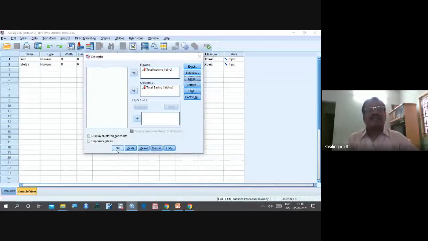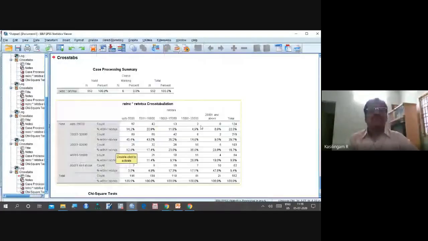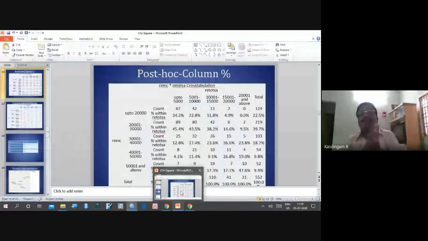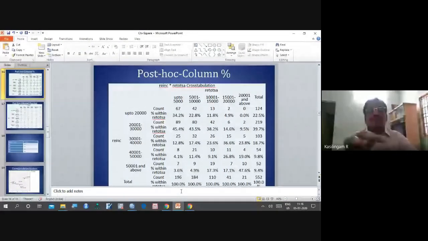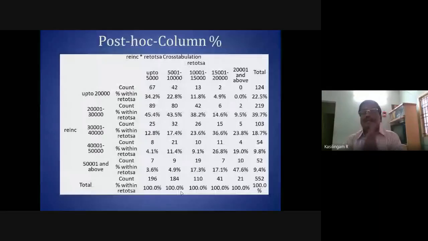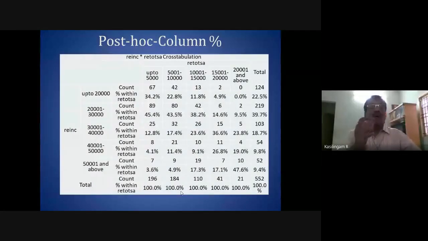Then I am getting this output. So 37.2, 22.8, 45.4, like that I am getting the column percentages. Now let us look at the last column, total. That is the up to 20,000 income category.